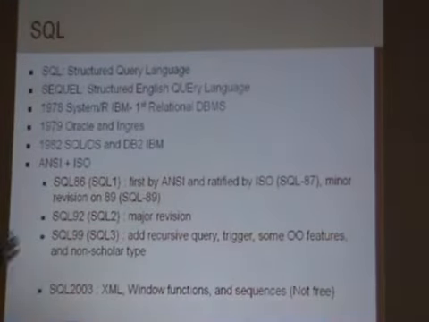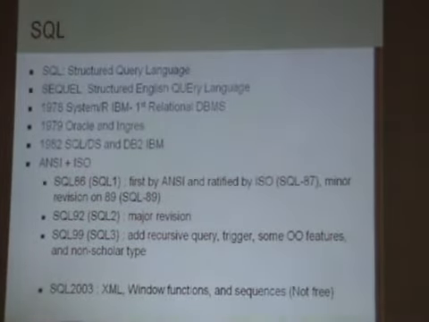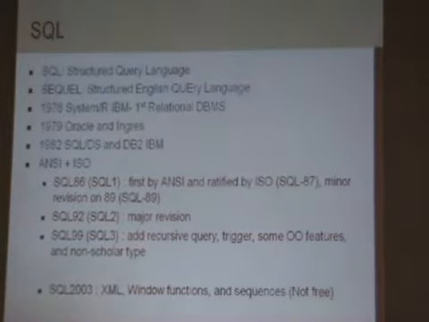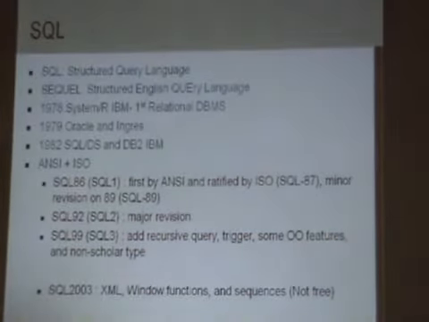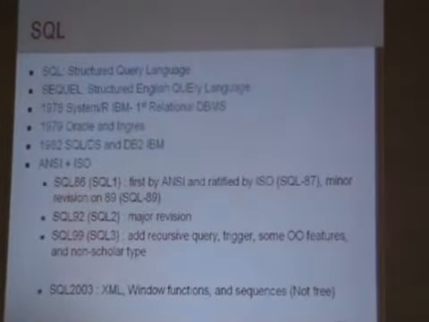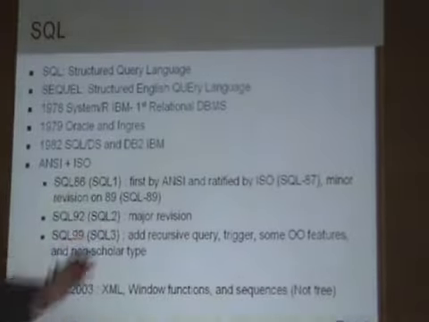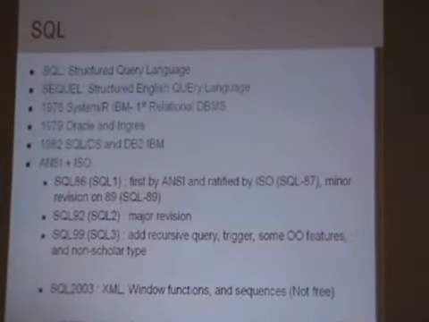After that, there is another revision which adopts the object-oriented concepts or more complicated concepts. But most of the concepts that are currently used in the relational database model were actually revised in SQL Standard 2, 1992. Okay, that is the reason.